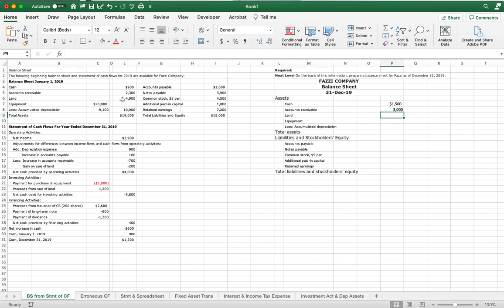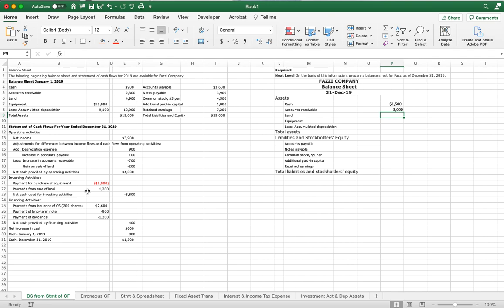Land was $4,900, and if we look down in this information, we see we sold land for $1,200. And there's a gain on the sale of $200. So that means that we're going to have a $1,000 adjustment to land, because that $200 gain on the sale wouldn't actually impact the land itself, only the part of the transaction that shows us getting rid of that land.